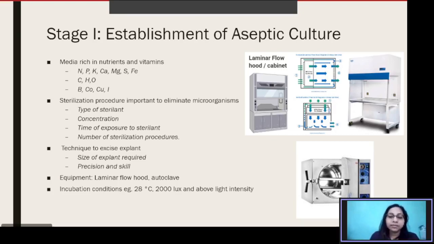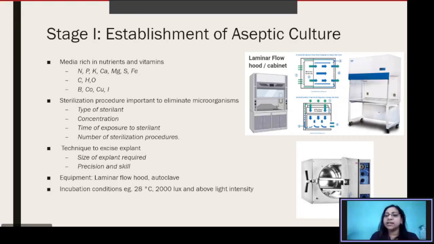The autoclave is used for sterilization of instruments and media using steam. It's much like the pressure cooker you have at home in your kitchen. This steam kills all the microorganisms. The laminar flow hood creates a sterile workstation for any transfer of explant or plant material that has to be done.